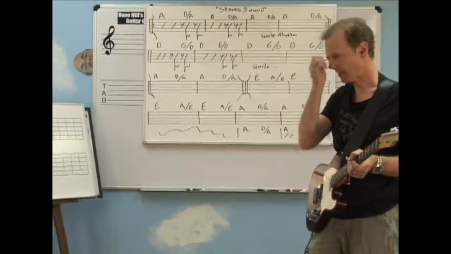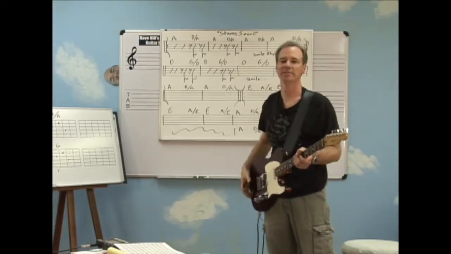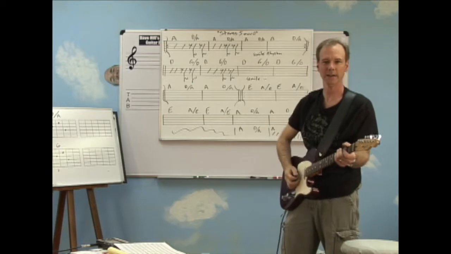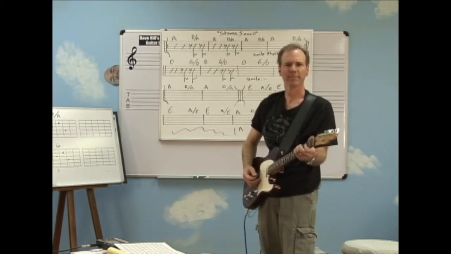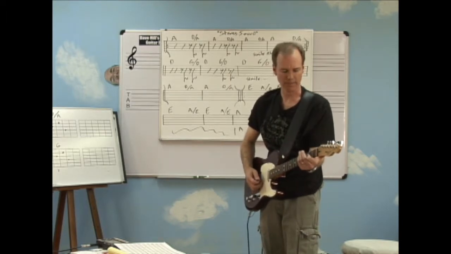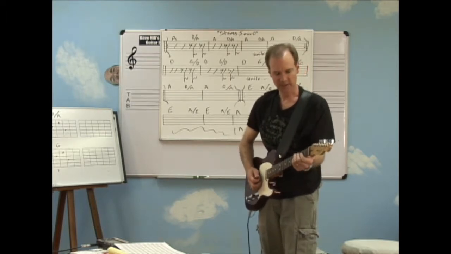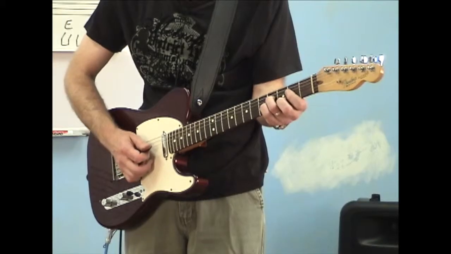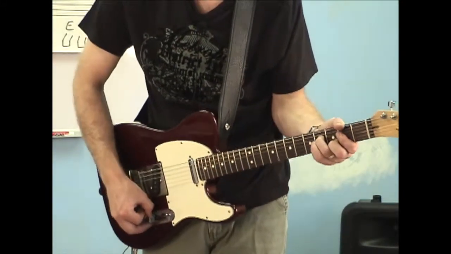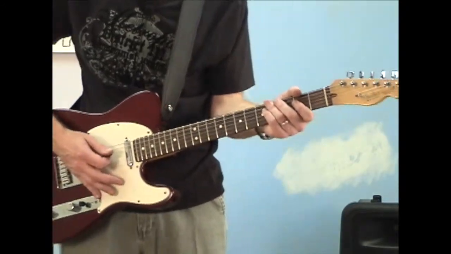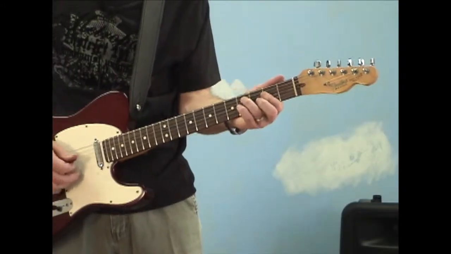Okay, so what I've got here is something that really defines to me what the essence of the Stones are all about, and it's this typical major chord that has another major chord, a fourth above, superimposed on top. So many of their songs have that in them.